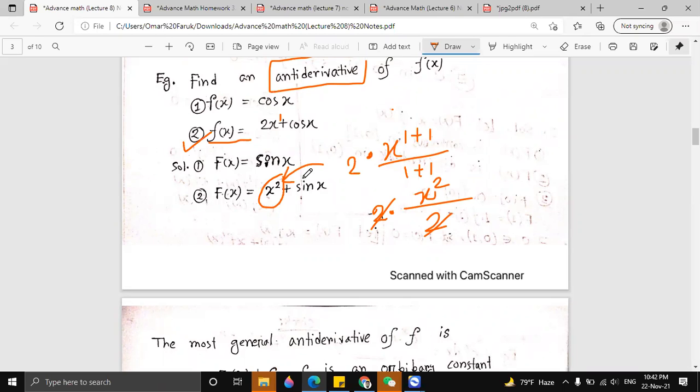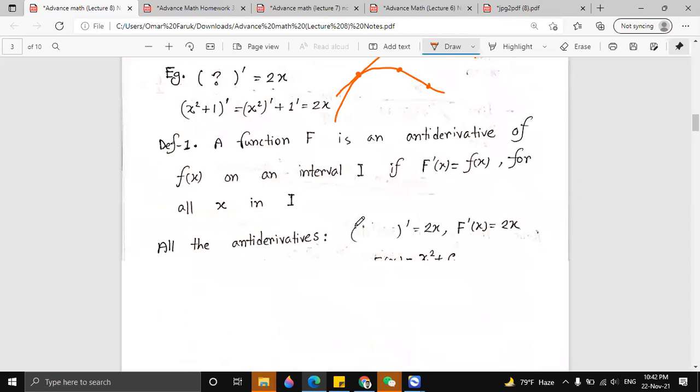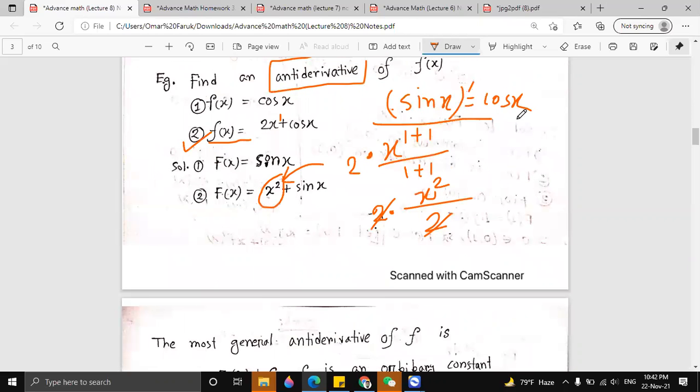But how can we get sin x from cos x? You already know from the formula that the derivative of sin x is cos x. So we don't need to go through that. As far as I know, it is minus cos x. Am I right or wrong? It is the formula of integration, but we are thinking here about differentiation, the derivative.